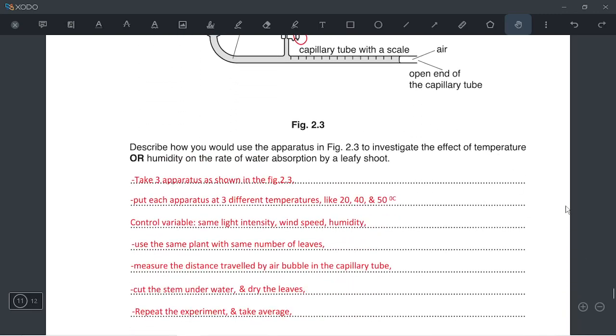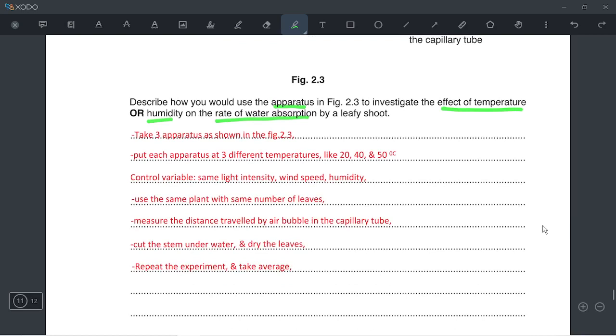Describe how you would use the apparatus to investigate the effect of either temperature or humidity on the rate of water absorption by a shoot. Students, these are the points you need to remember.